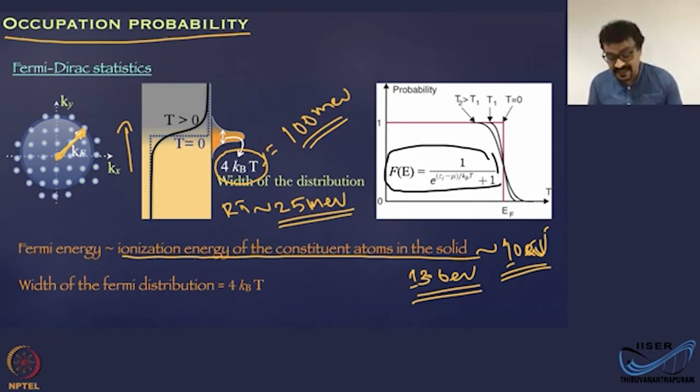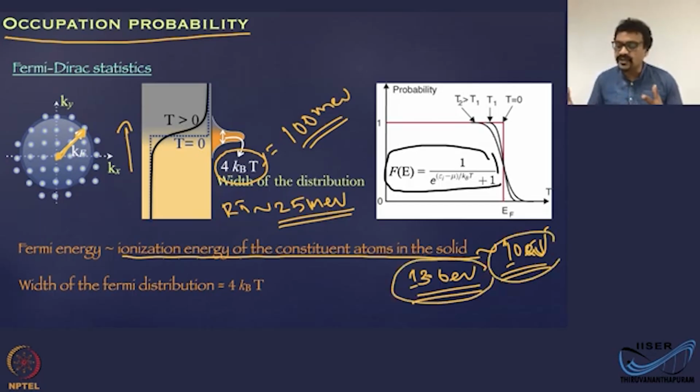But the Fermi energy is actually a very, very large number, more than 10 electron volt. It's a large quantity compared to the width.